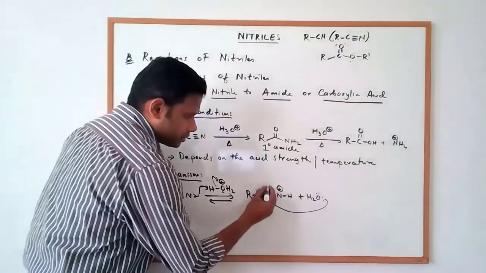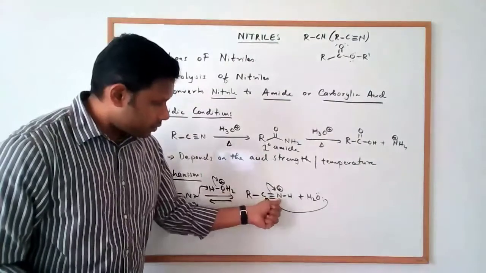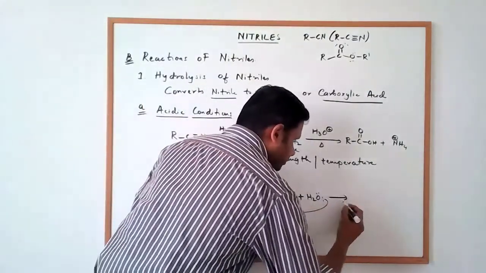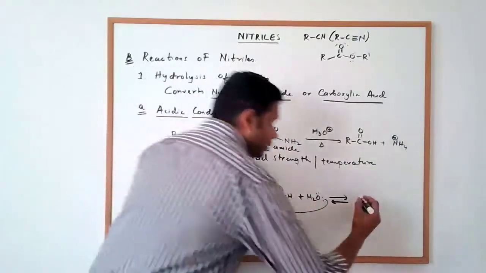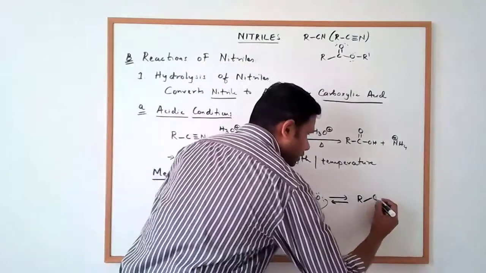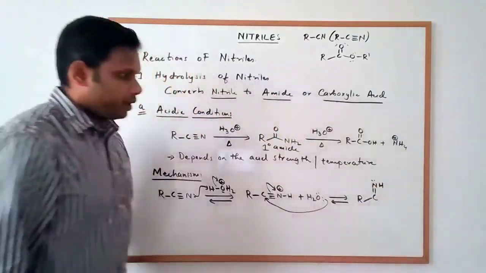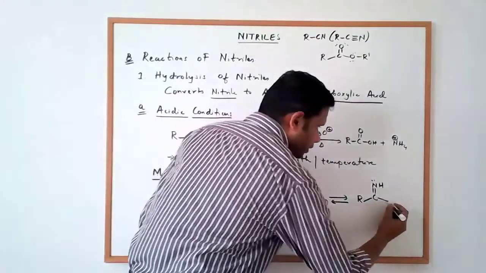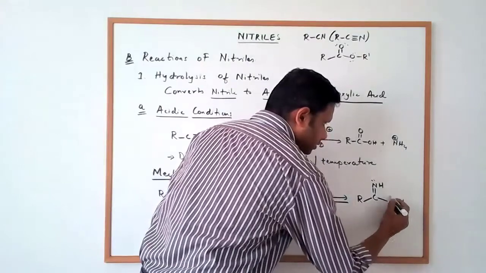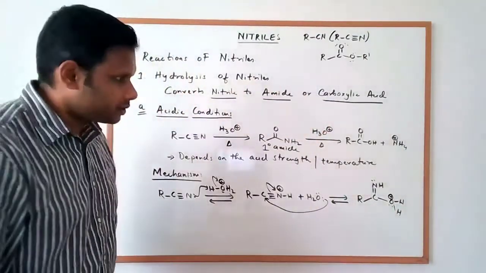And as that happens, the triple bond opens up to become a lone pair on the nitrogen atom. So that now brings us to RC double bond NH, one lone pair, with the water now connected to that carbon with a formal charge on that oxygen.